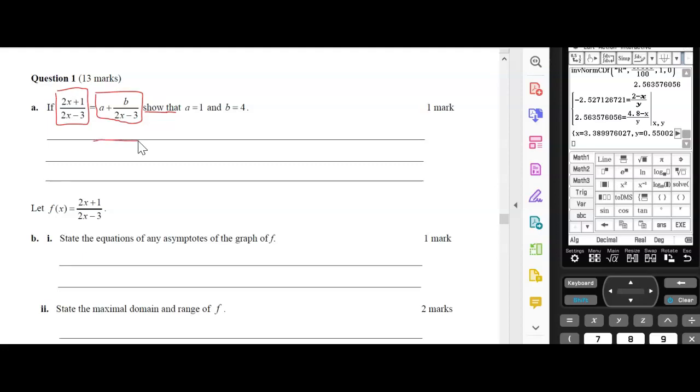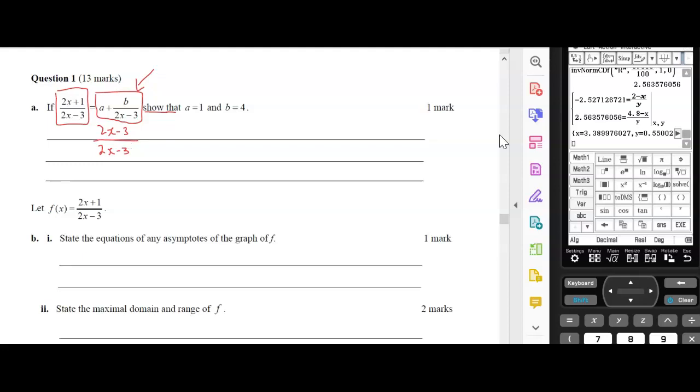We want a constant out the front, so I need to have 2x minus 3 over 2x minus 3. When your numerator and denominator are the same, it equals 1.